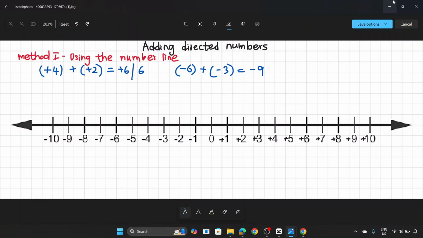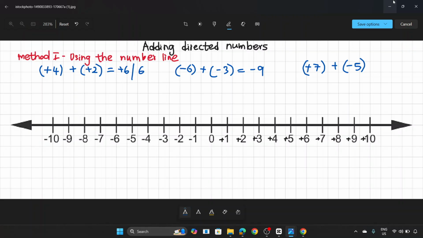Right. The next type of question is: find the value of positive 7 plus negative 5. See, in this question, the signs of the two values are different.